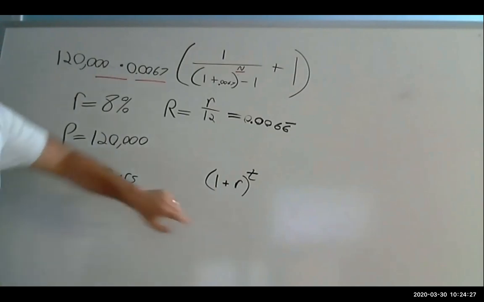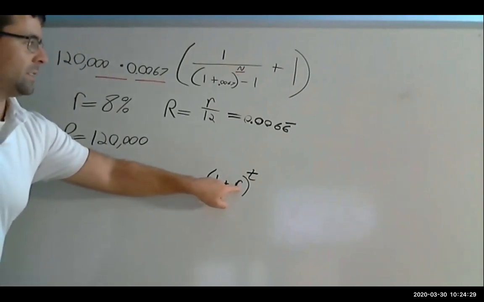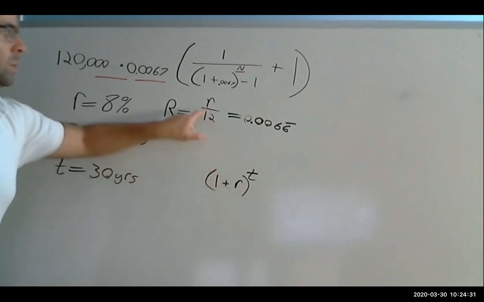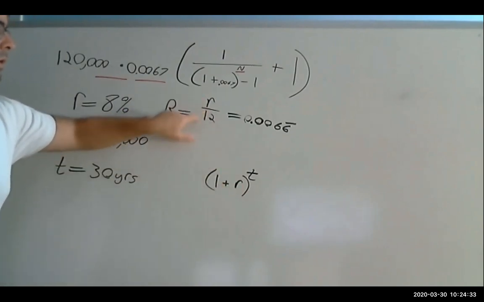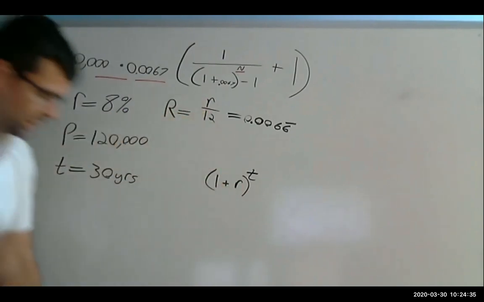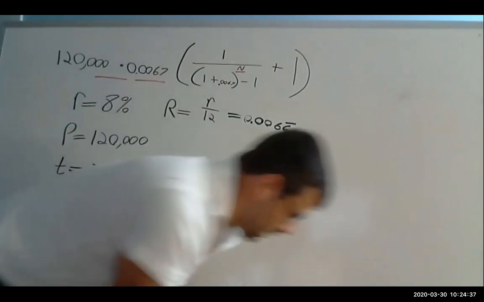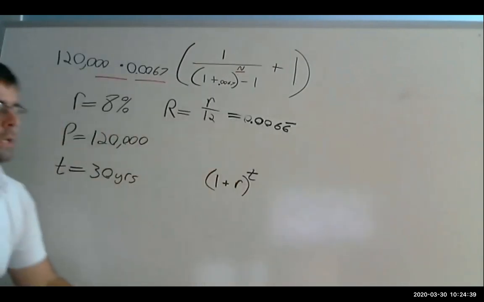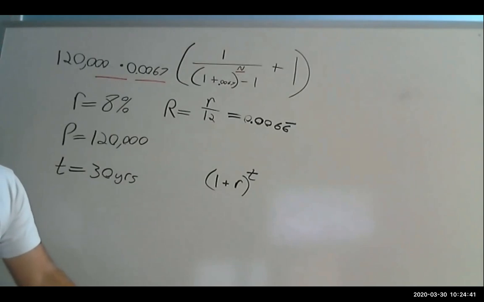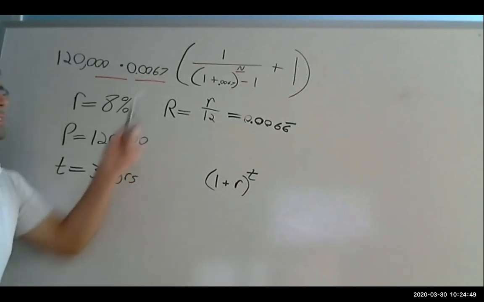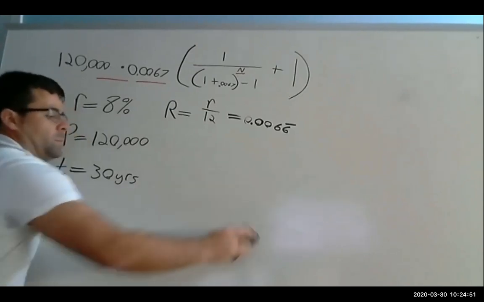But we changed this into r divided by 12. So we changed it into a monthly thing. So we have to change the other one into the monthly thing. So t equals 30 years. What does n equal?